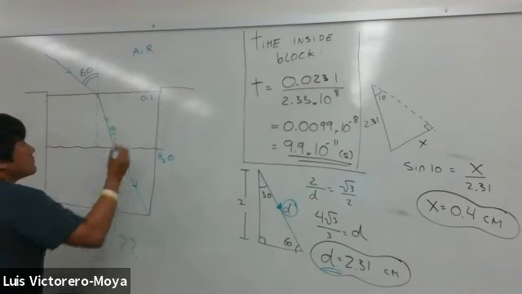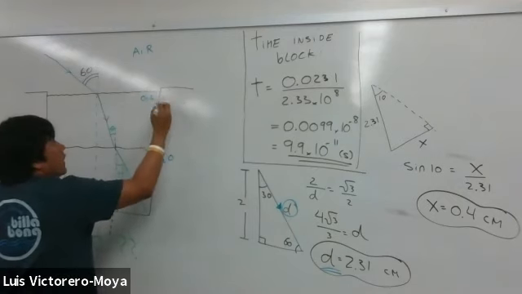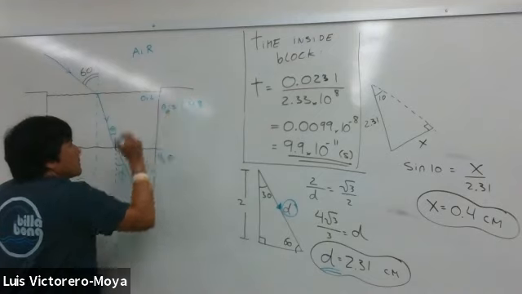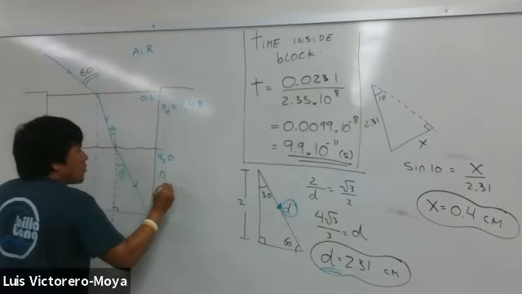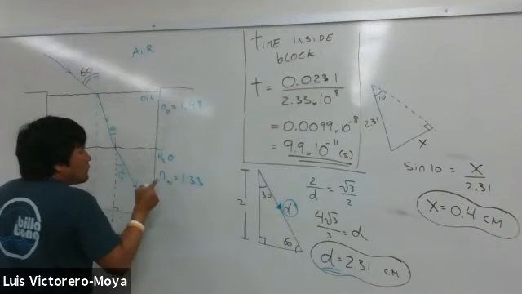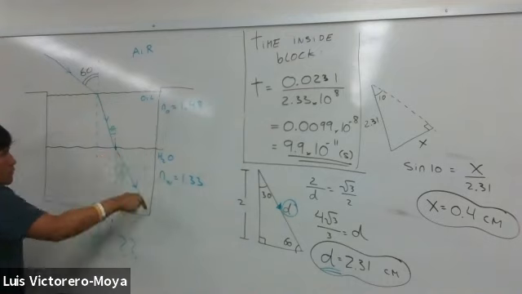For oil, the n of oil, 1.48. And the n of water, as you know, 1.33. So that's important. That's why it's drawn like this.